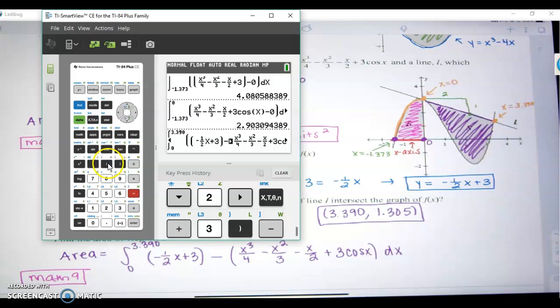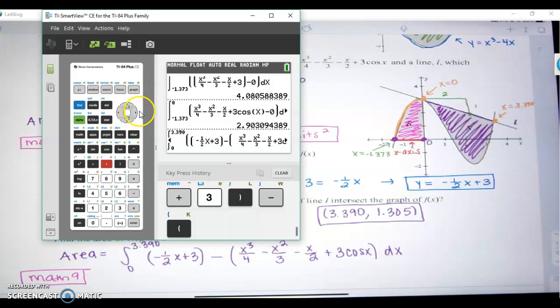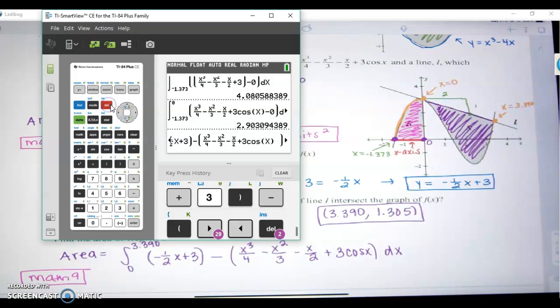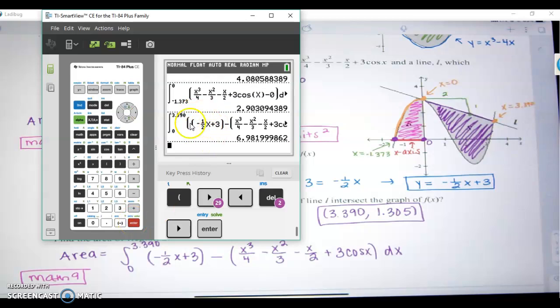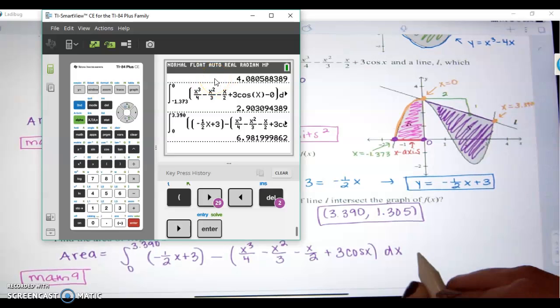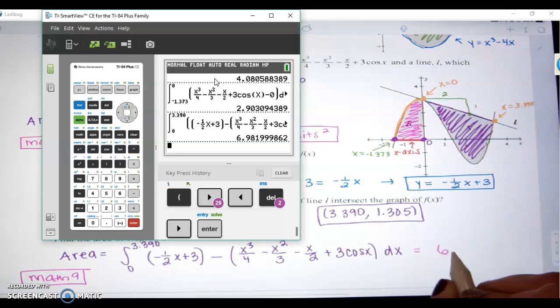And then we're going to subtract. I'm going to put my parentheses here, so we have negative 1/2 x plus 3, subtract. We have our x cubed over 4, minus x squared over 3, minus x over 2, plus 3 cosine x, and then we don't need this minus 0 anymore, so I'm going to get rid of that. And then we should have our dx. Okay, so just know that you can always edit things, so you don't have to keep typing that in. So you should end up with an area of 6.982, and this would be units squared.